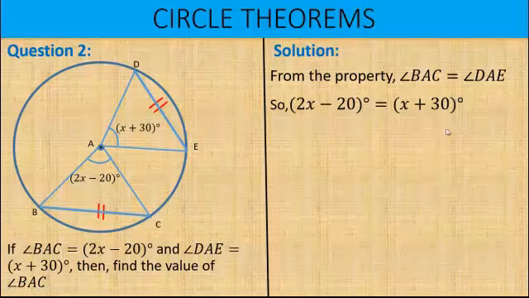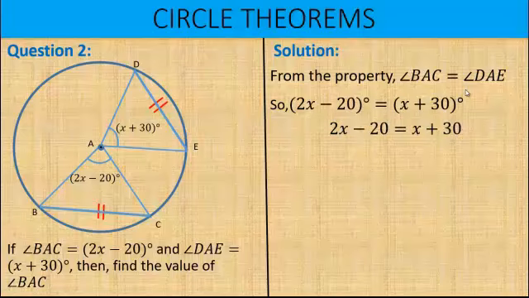So we can equate those angles. (2x minus 20) degrees equal to (x plus 30) degrees. Now you open brackets so that we get 2x minus 20 is equal to x plus 30.